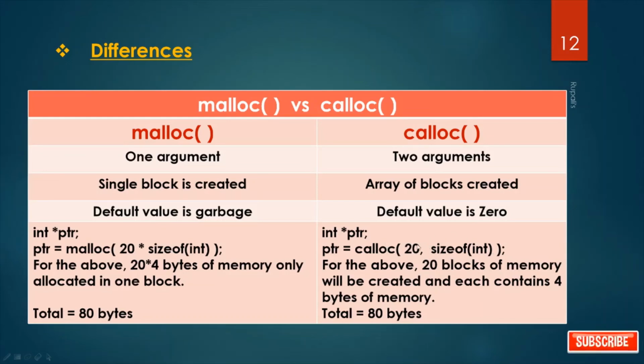So it allocates 20 blocks, each of size 4 bytes. So 80 bytes are allocated at the time of run, and the base address of the allocated bytes is stored in ptr.